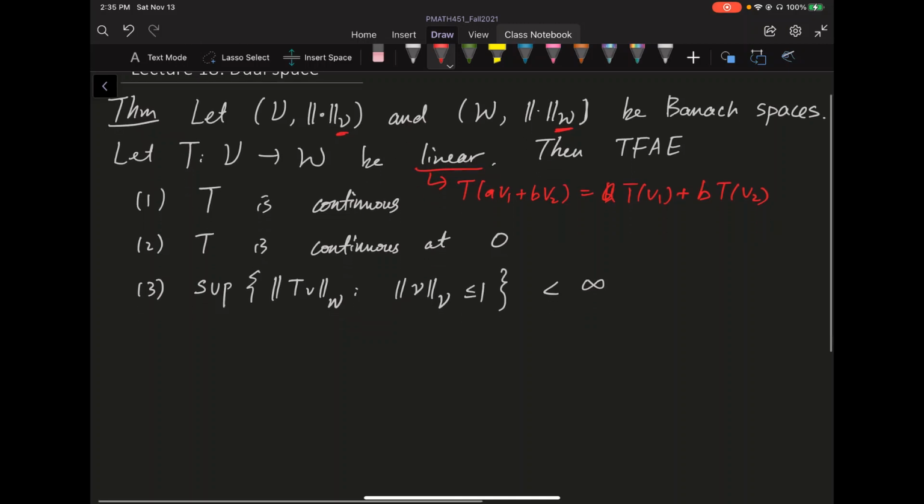So let's show the following are actually equivalent. First, this linear map is continuous. Second, it's continuous at just one point, so let's say continuous at the point 0.